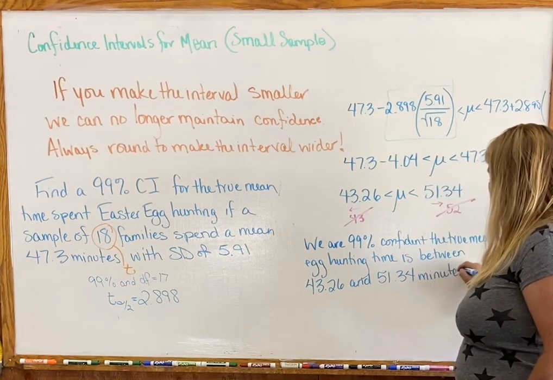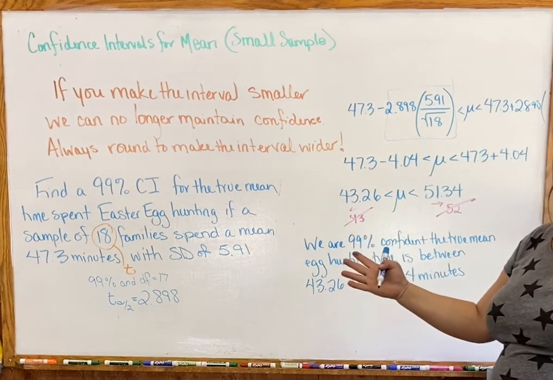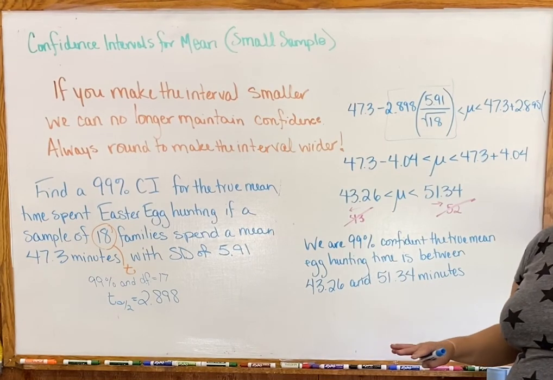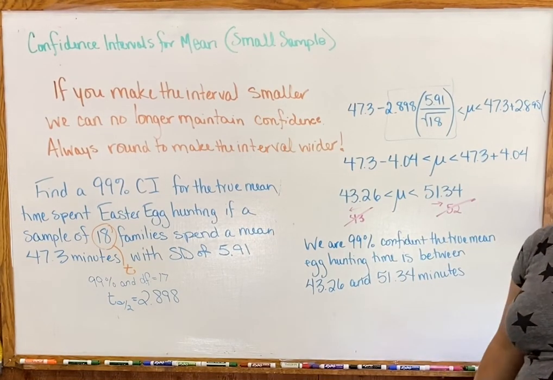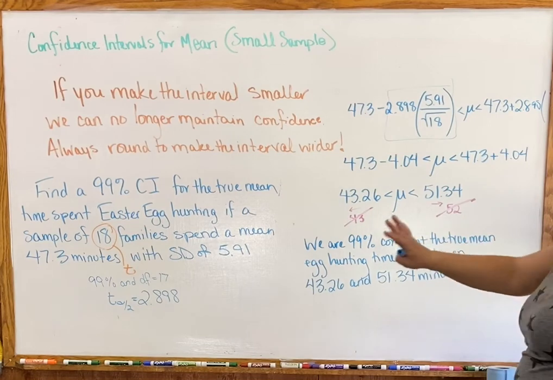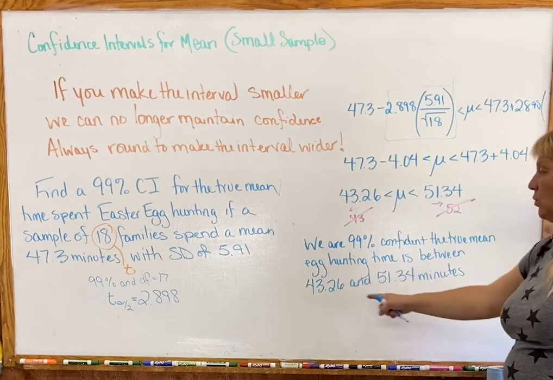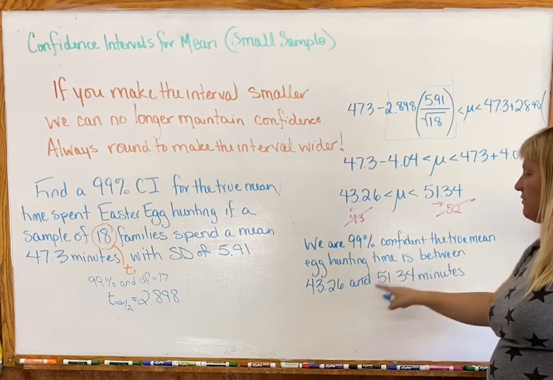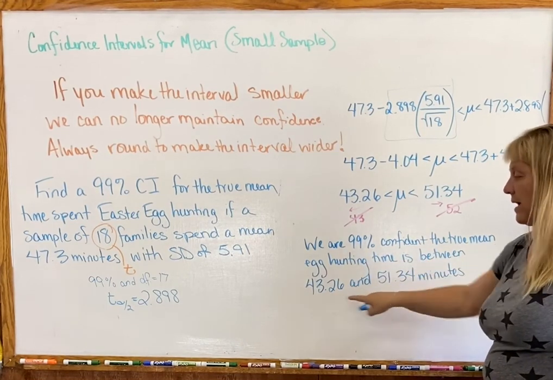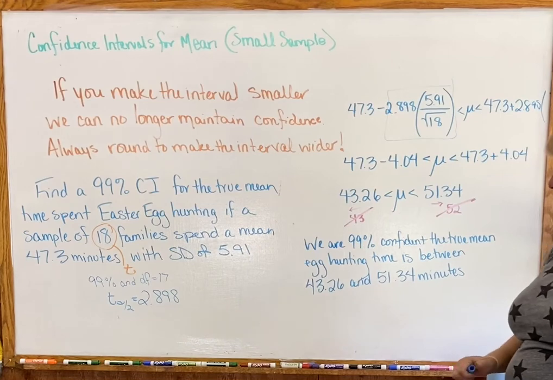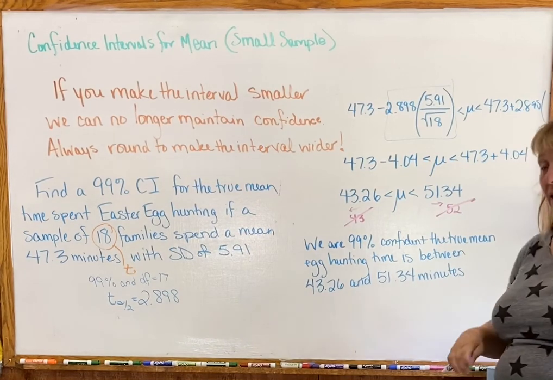Now again, I want to be clear, I didn't go around investigating how long people hunt Easter eggs. This was just totally made up because last week was Easter, okay? So don't be going and quoting this. But in my made up world, basically we can say that there's 99% confidence that the Easter egg hunting time is between 43.26 minutes and 51.34 minutes.